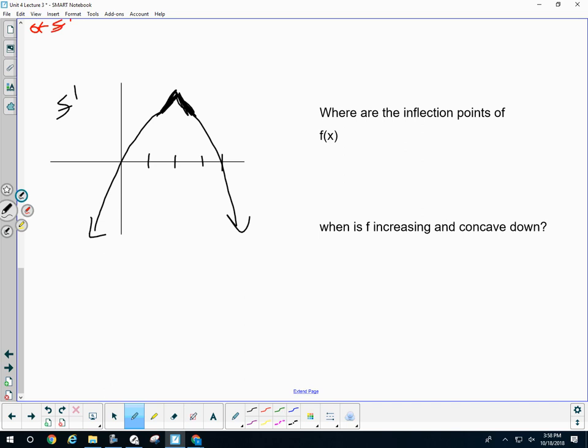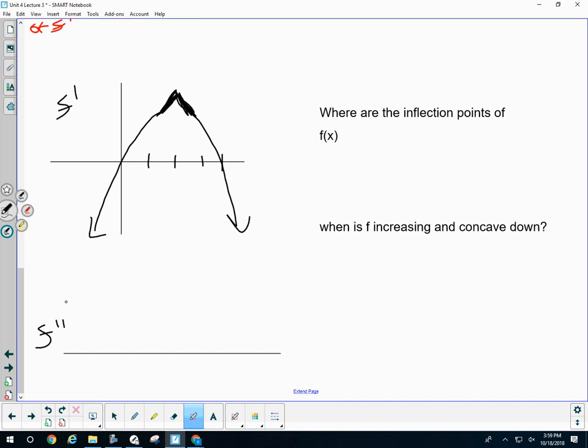Please tell me what the inflection points of f are, and then please tell me when is f increasing and concave down.